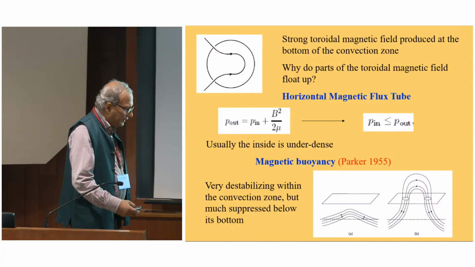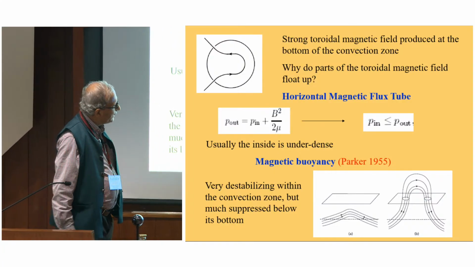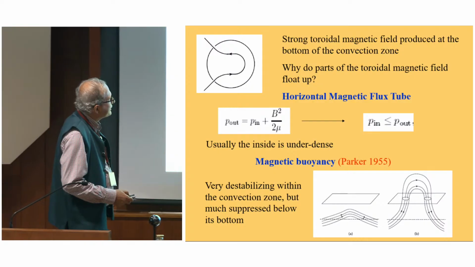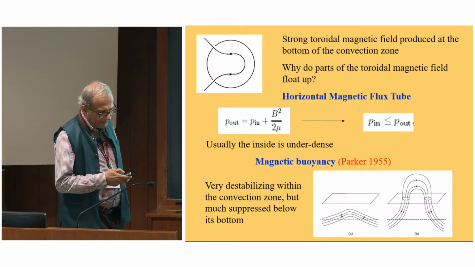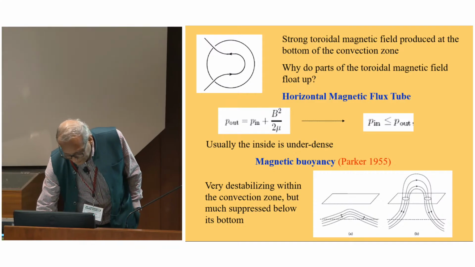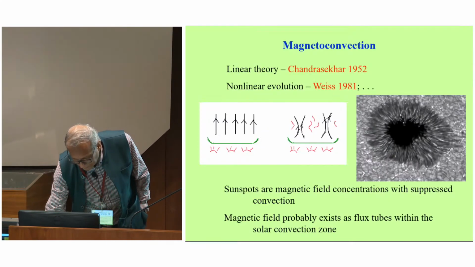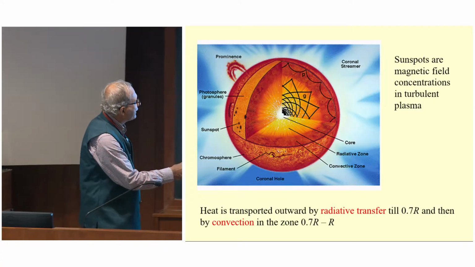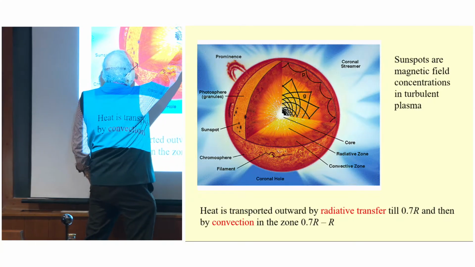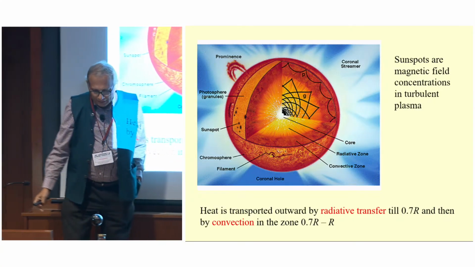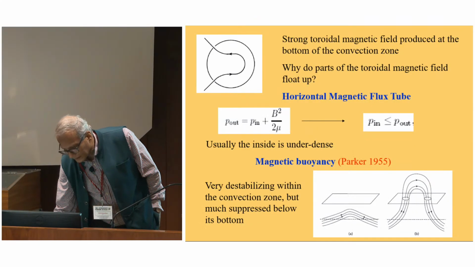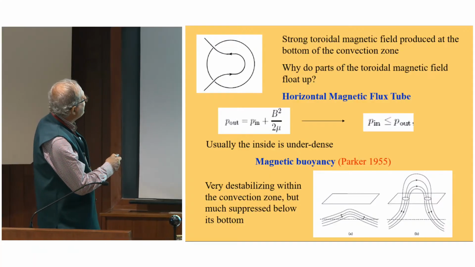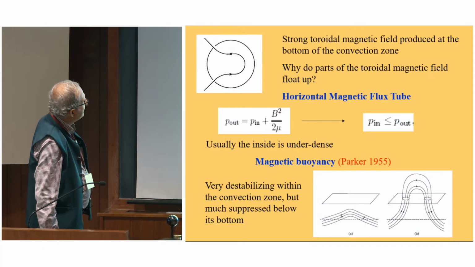And during the last few decades, with the development of helioseismology, it has been possible to show that there is a strong gradient of angular velocity at the bottom of the convection zone. So in this region at the bottom of the convection zone, there is a strong differential rotation, and we presume that this toroidal field is mainly produced in that region.